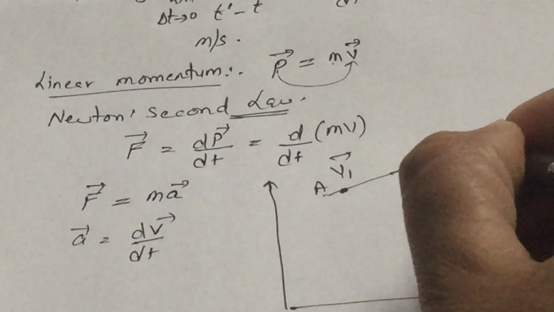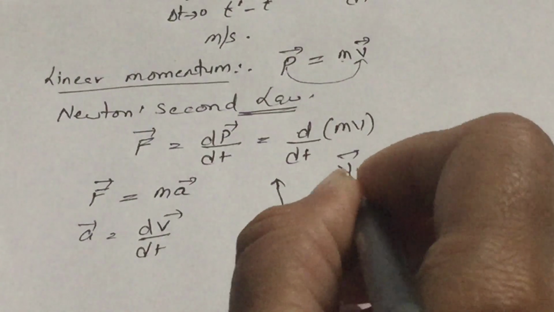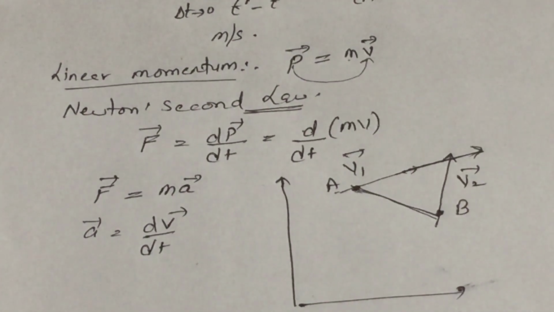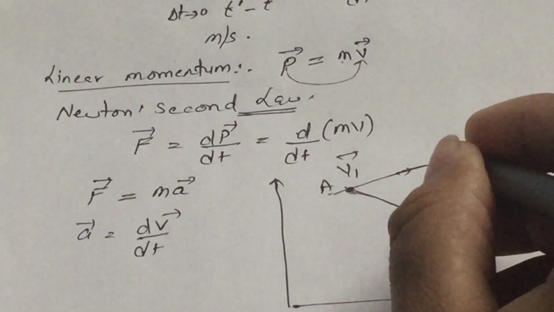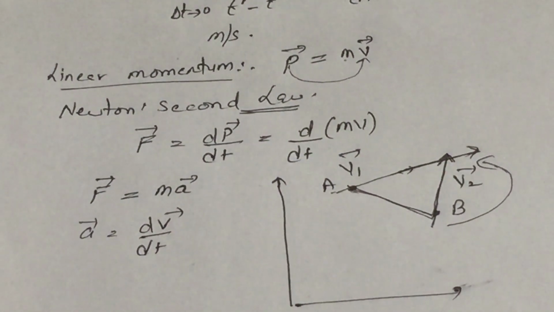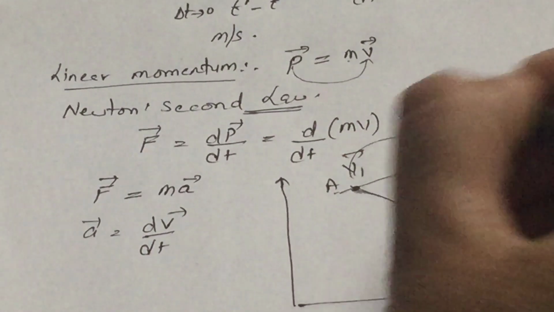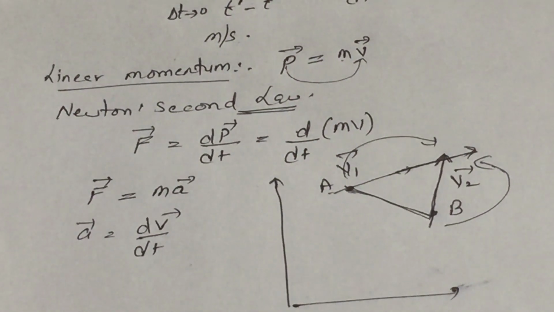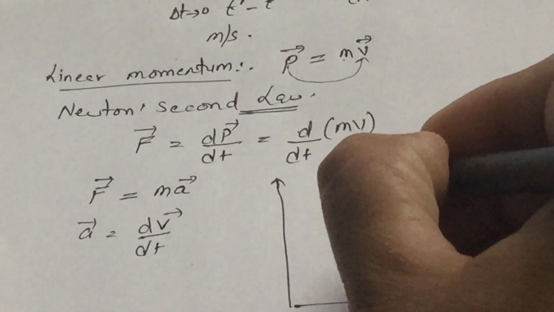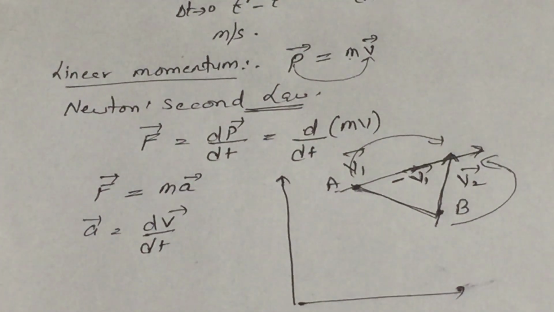In our case, if we close this figure, we find this is a triangle, and this velocity v2 is in anti-clockwise direction and this quantity v1 is in clockwise direction. If we make v1 in anti-clockwise direction, then we have to write it with a minus sign.